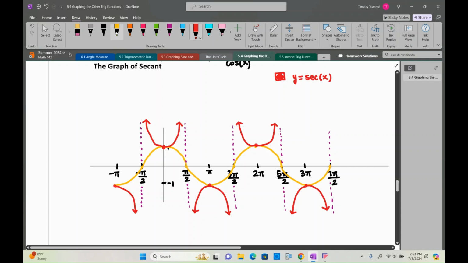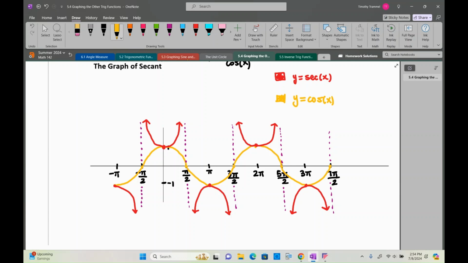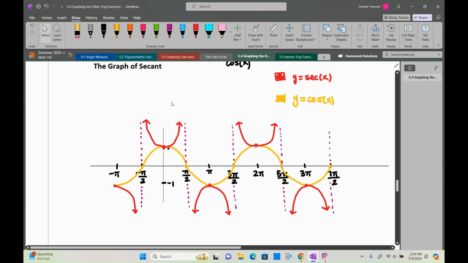Versus the one in yellow, again, was our graph of cosine. So every time you graph secant by hand, just graph cosine first. Okay. And then it's really easy from there. We're going to do the exact same thing with cosecant.